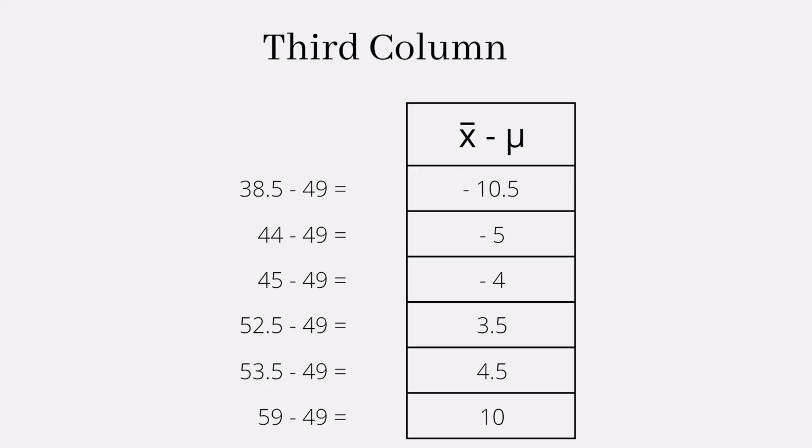So 38.5 minus 49, we have negative 10.5. 44 minus 49 equals negative 5. 45 minus 49 equals negative 4. 52.5 minus 49 equals 3.5. 53.5 minus 49 equals 4.5. 59 minus 49 equals 10.